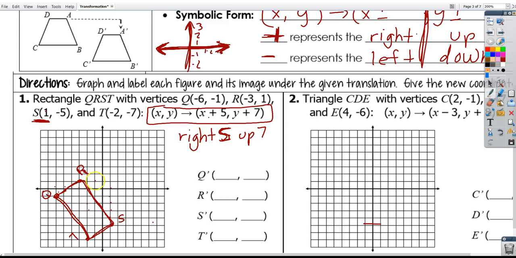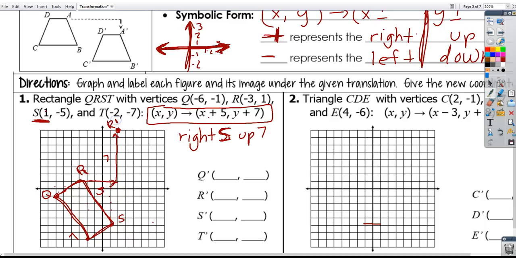So 1, 2, 3, 4, 5. And then we go up. We went right 5, up 7. So we're going to go all the way up 7 and put our dot. Okay? So the first way is we count.